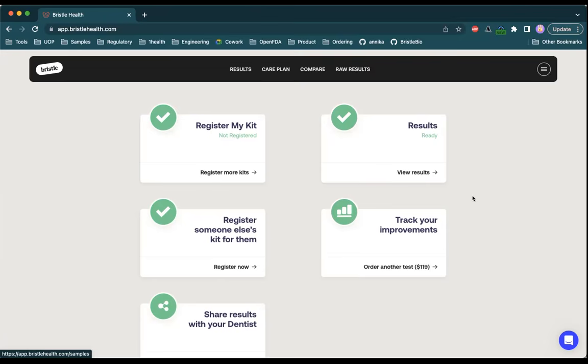Okay, and so come to today at Bristle, we use what is the most up-to-date technology, I would say, the highest resolution, most powerful technology we have, which is called shotgun metagenomics. And this looks at everything. So instead of just looking at whether or not you have oranges, apples, and cherries, we're looking at the parts of the apple.